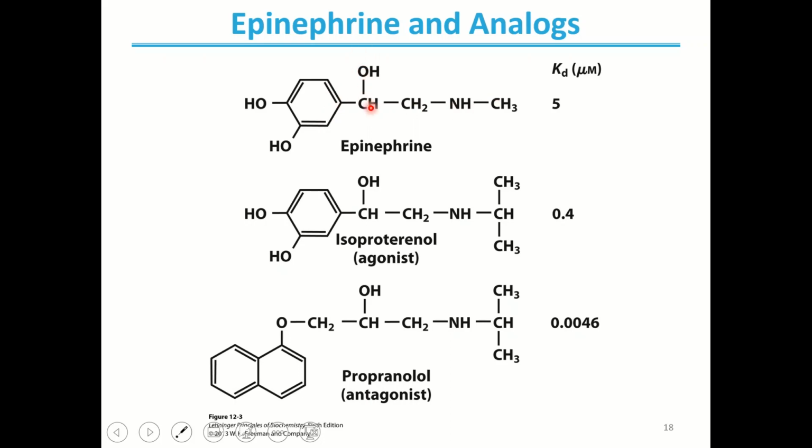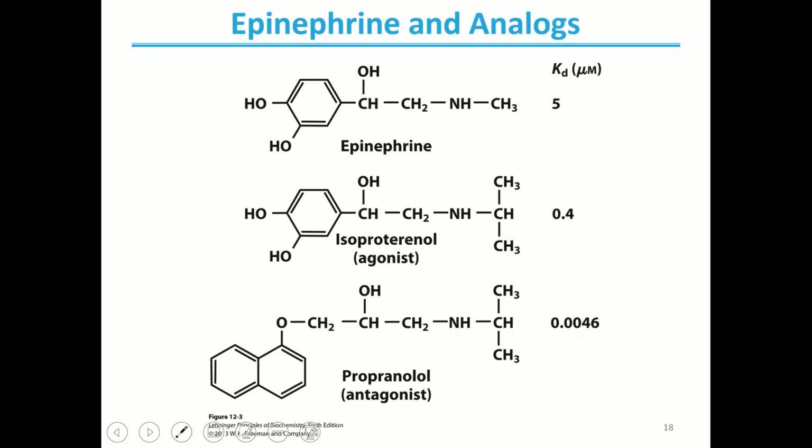Okay, and there's one alcohol group and an amine group in that part of that chain. So nothing that really stands out drastically, but it does have a very specific shape, and it fits in that receptor very well. And the KD value shown here is 5 micromolar.